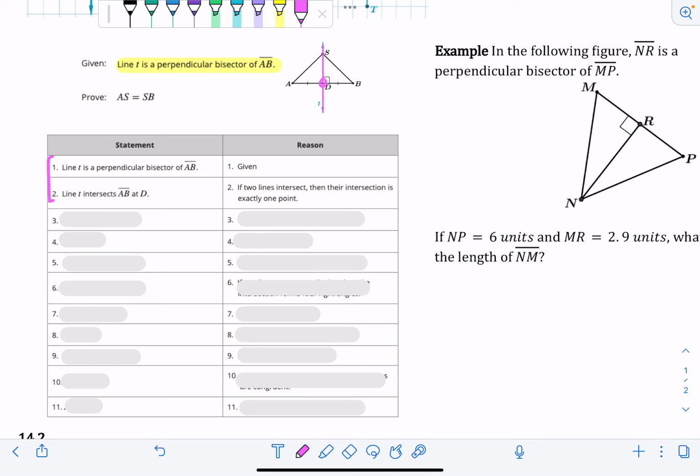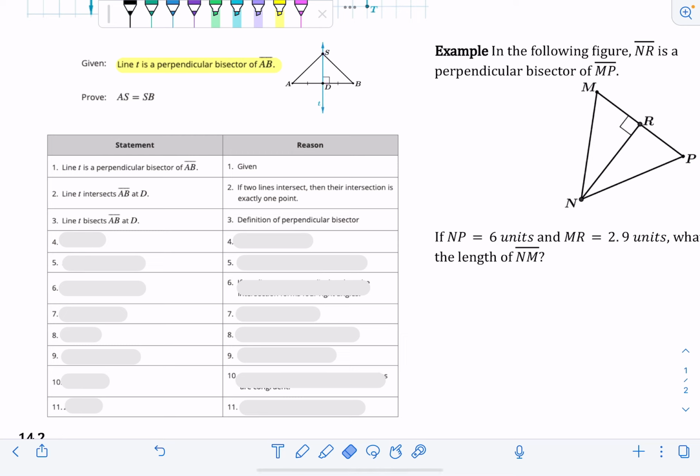T is a perpendicular bisector, and it intersects segment AB at D. Grouping those two together says that line T bisects segment AB at D. That's what a perpendicular bisector is: it's a bisector, it bisects something. So we would use the definition of a perpendicular bisector for the third reason.